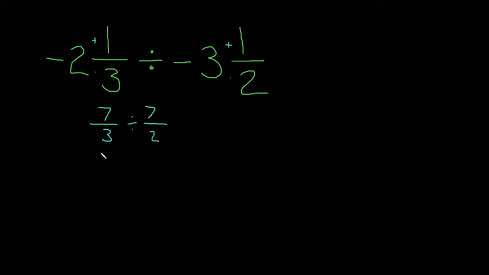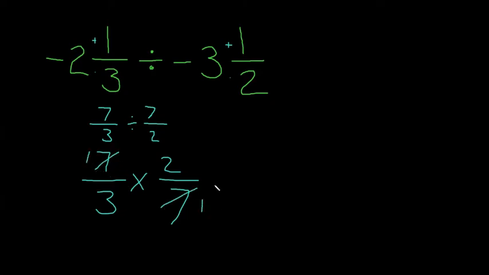Now we're going to keep, change, and flip. Sorry about the 7. But our 7s are on the diagonal, so these can both go into themselves one time. It's already simplified. 1 times 2 is 2. 1 times 3 is 3. And so my answer is 2/3.